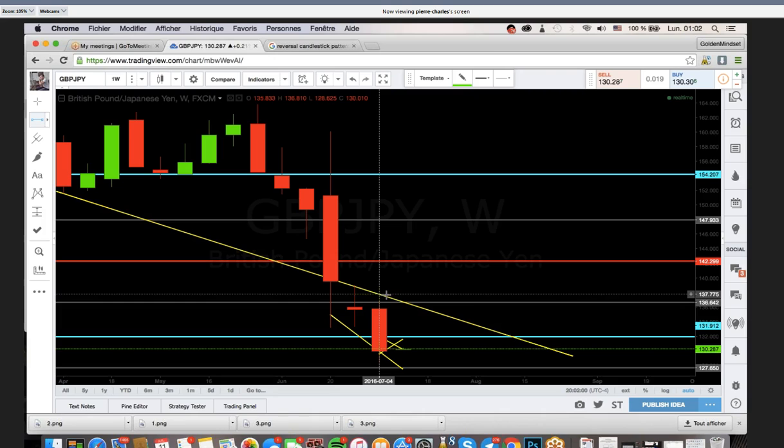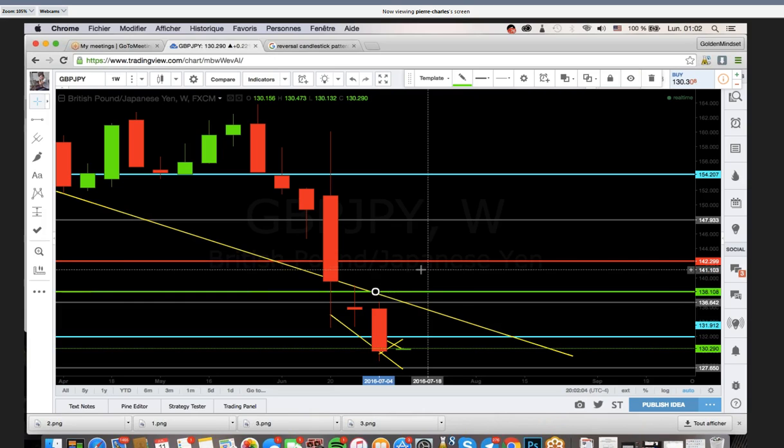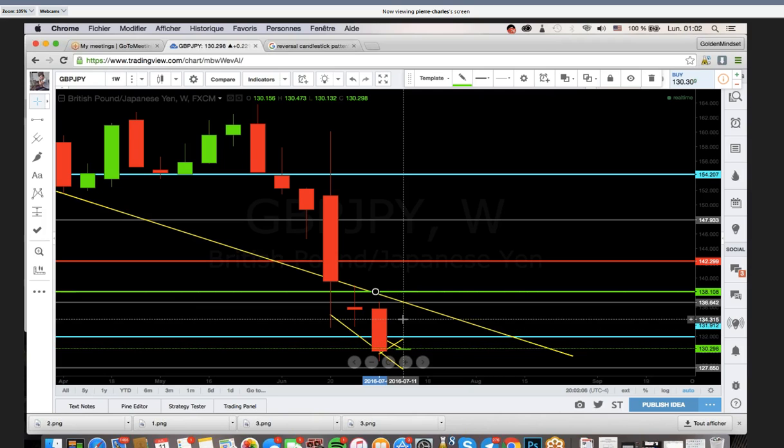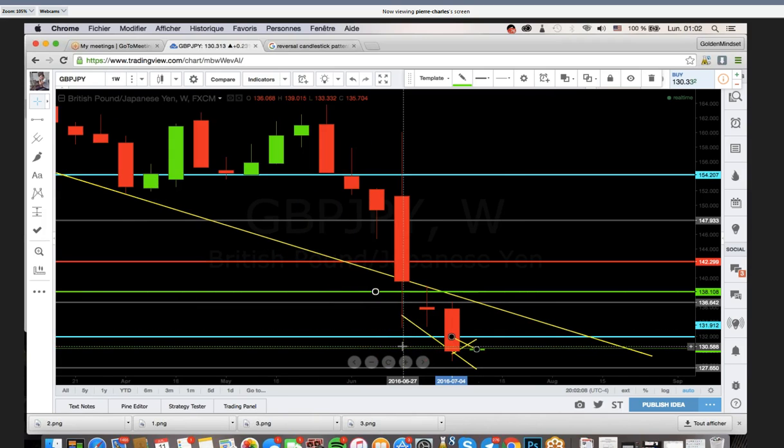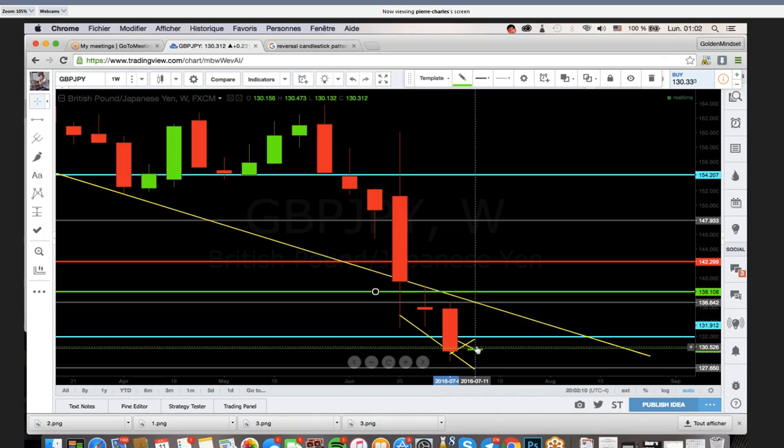So for me to get in a long-term buy, I will need a green candle, for example this one over there that actually just opened today, to close there. Next week, I will put a buy stop over there, like 50 pips above, because it might retrace before going up.